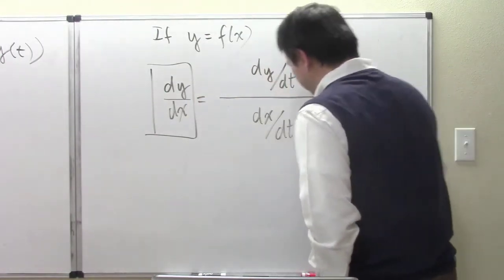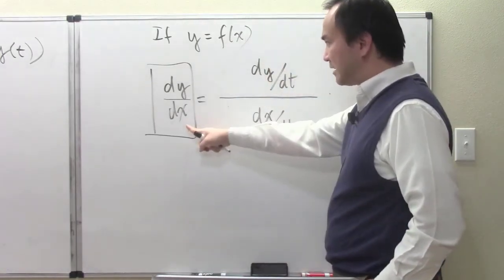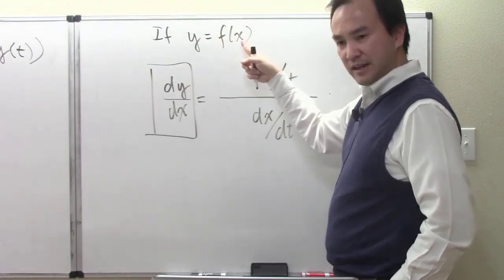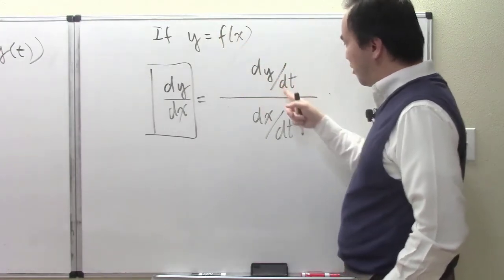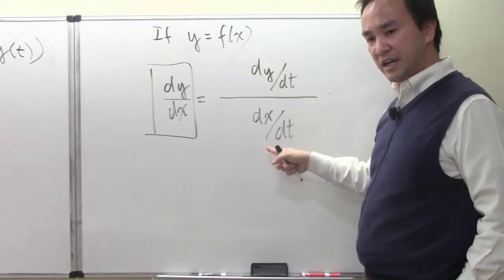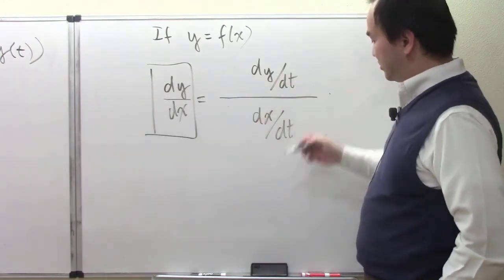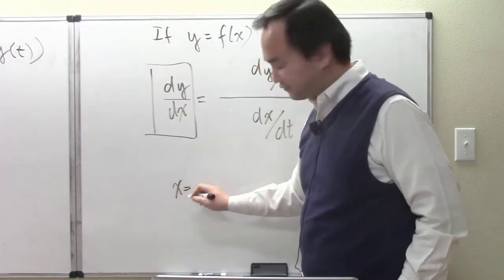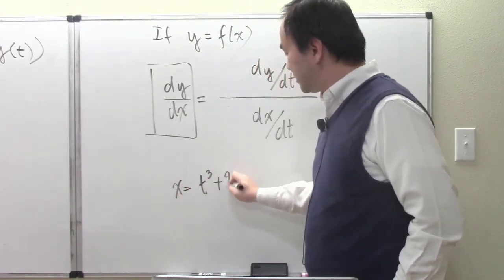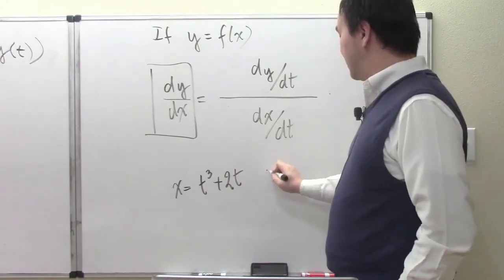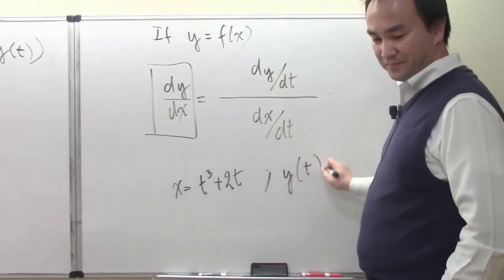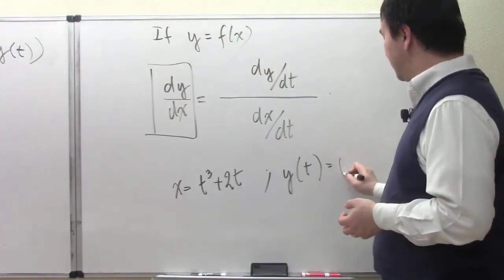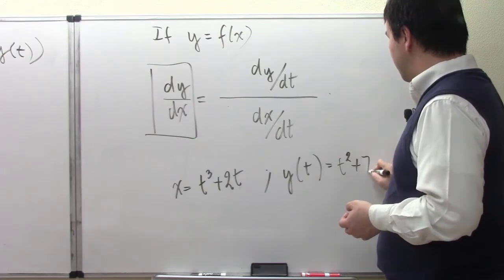Sadly, our curve is not directly written as y in terms of x, and that's why we have to go through the route where we use dy/dt and dx/dt together. Now, x of t is t cubed plus 2t, and y of t is t squared plus 7t.